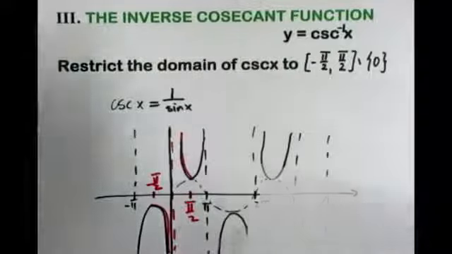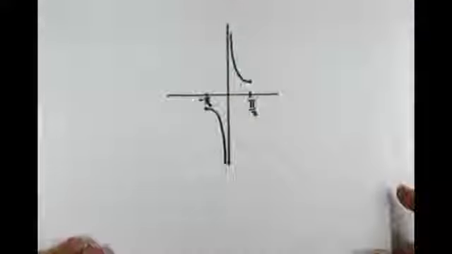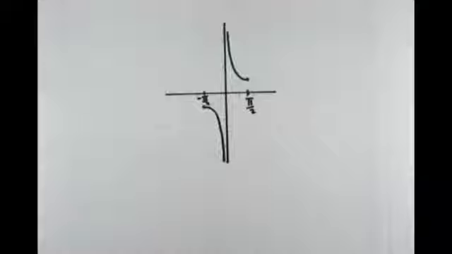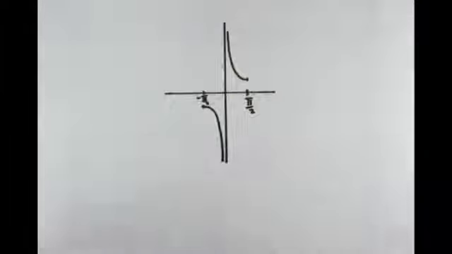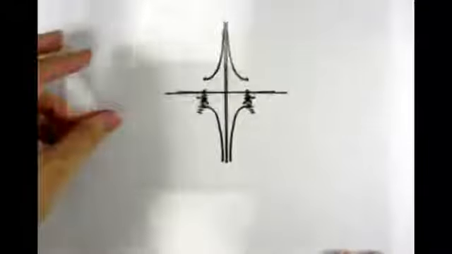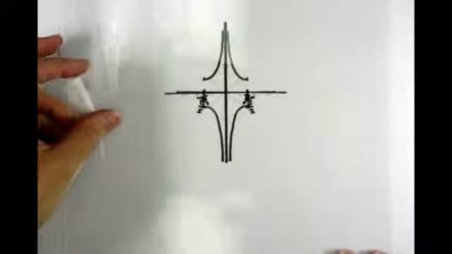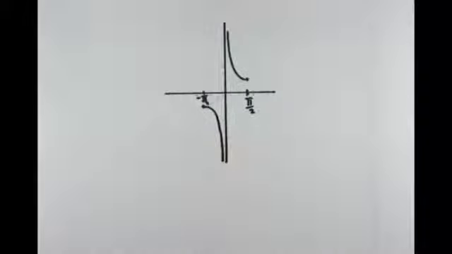So the graph of the cosecant is right here. It's from minus pi over 2 to pi over 2, and at 0 there is an asymptote, and I'm going to use the overhead to find the inverse. Oh, that's already the inverse, I'm sorry.